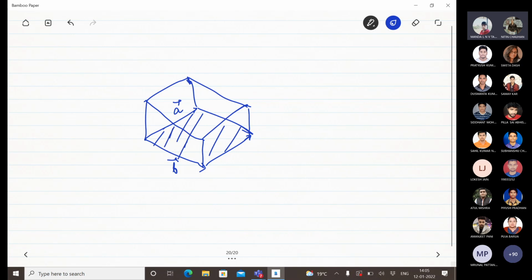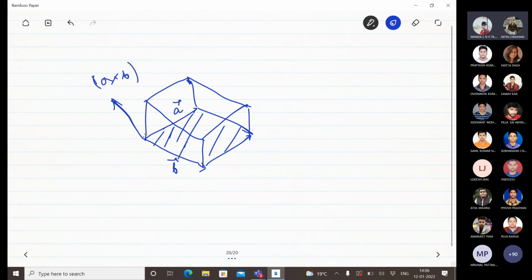Then you multiply this with the height. How to find the height? Let's say this is the normal in this direction, that is A cross B. So this is the normal.